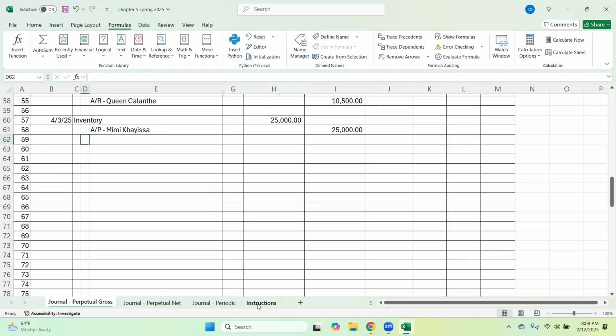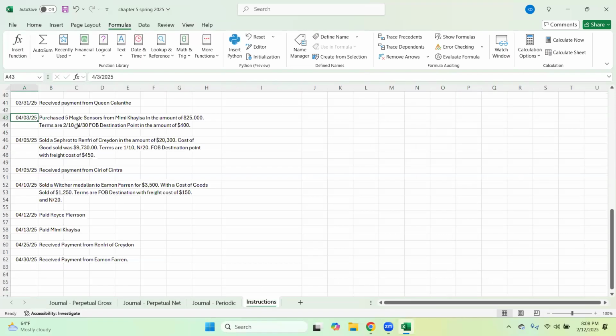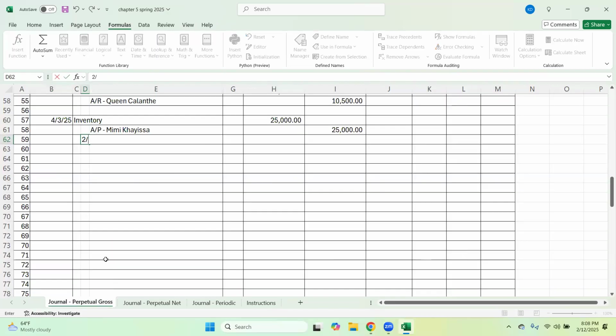Okay, I know I have terms in here. Terms are 2/10 net 30. Okay. This is the seller's responsibility. We are not the seller, we're the buyer.